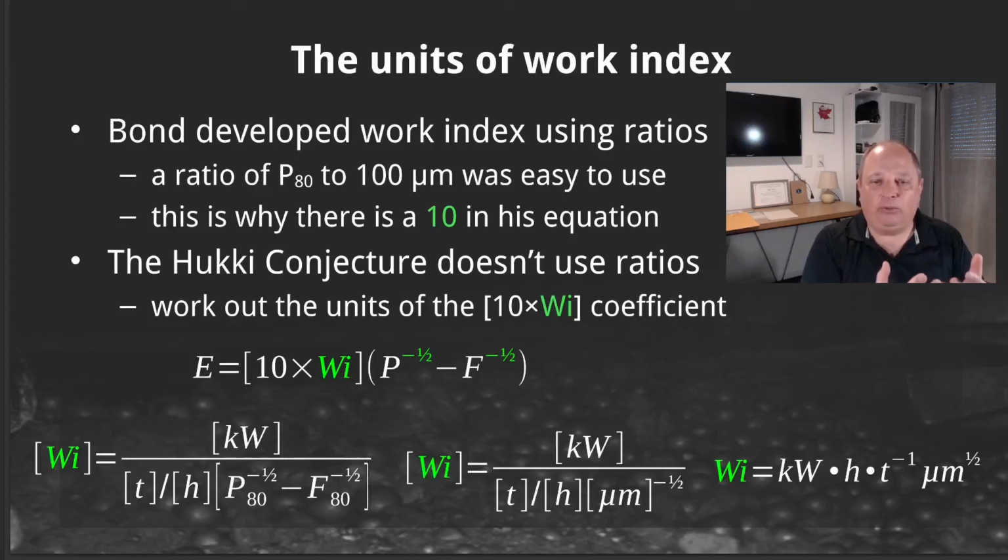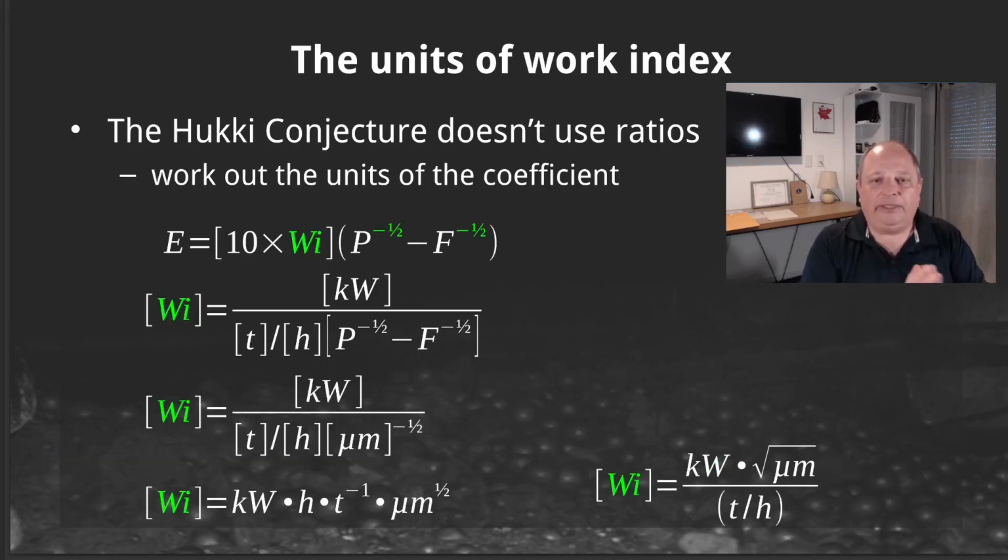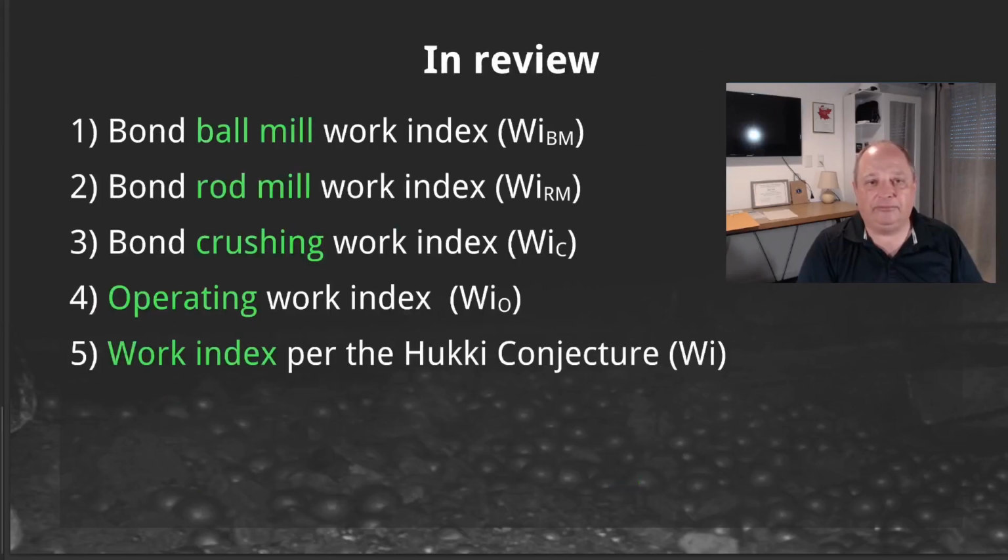If we give people work index in a form that it is not obviously the same as specific energy consumption, that mistake goes away. So another way that we can describe the units of work index is an example on the right. If you find that more convenient, you can use that. They're equally valid as long as people understand work index does not have units equal to specific energy consumption. These two are different quantities. They are not the same thing.